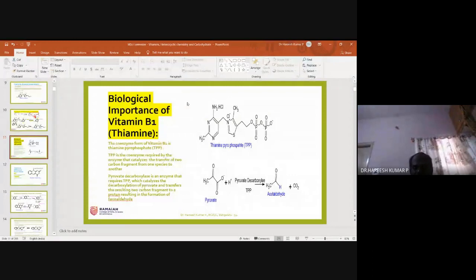I think you will also learn more about it. Here I am just giving the reaction. The reaction says that pyruvate is converted into acetaldehyde. So one more question can be framed based on this biological importance.